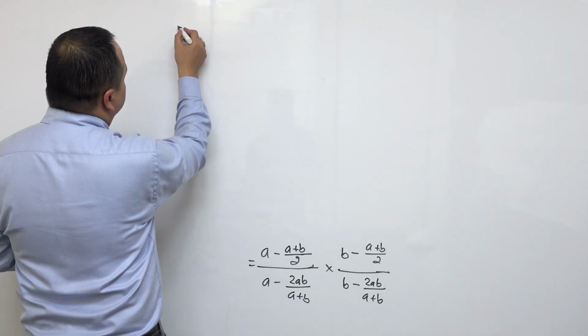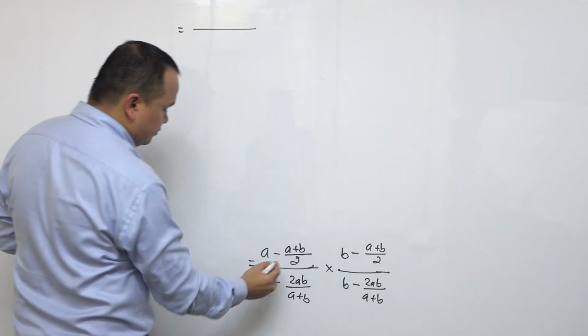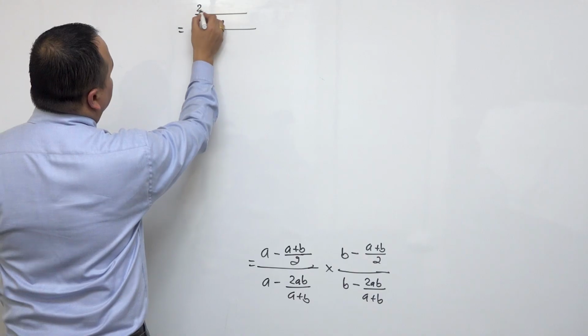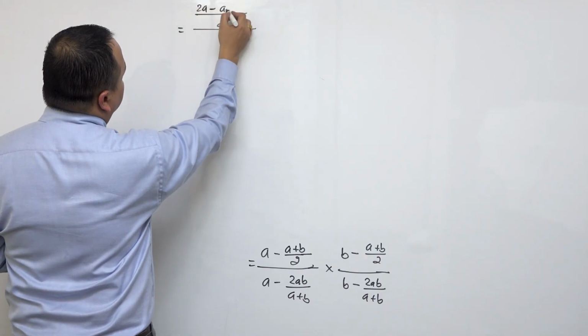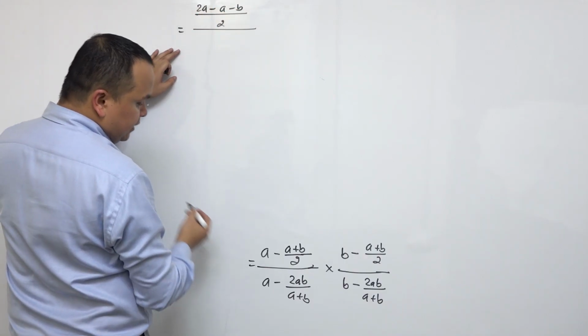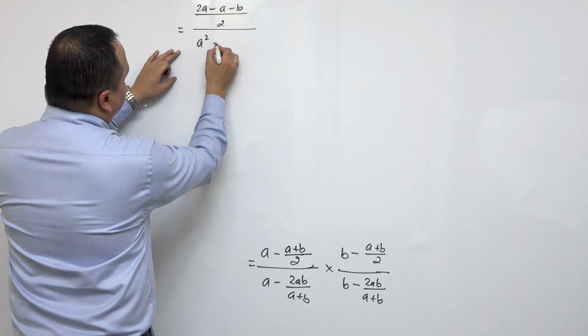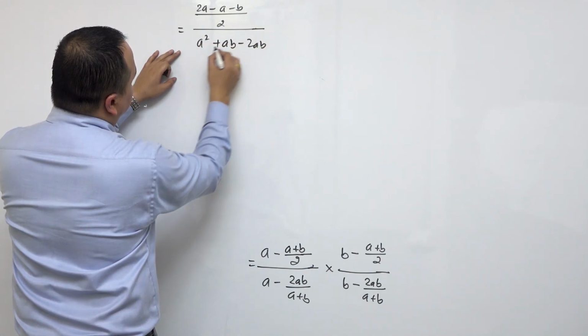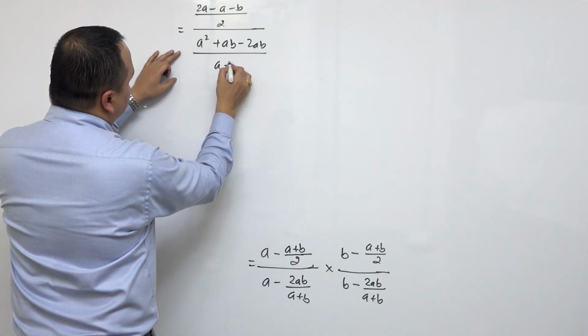Continue. This is 2 is LCM, 2a minus a minus b. Similarly, in denominator, a square plus ab minus 2ab upon a plus b.